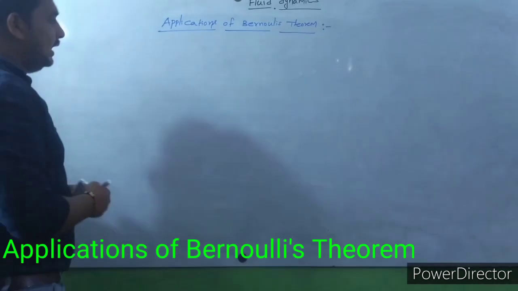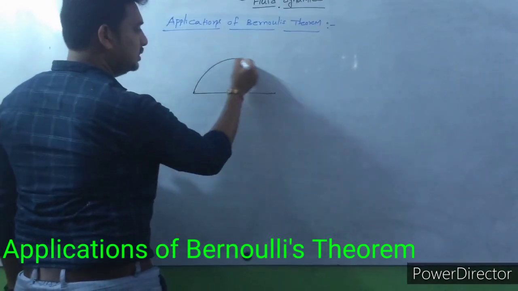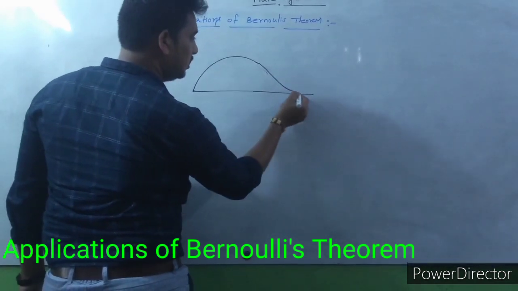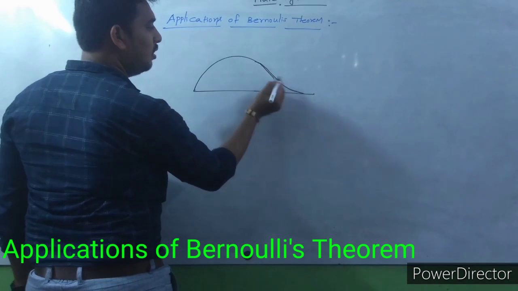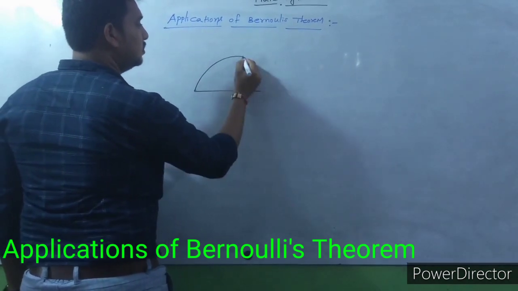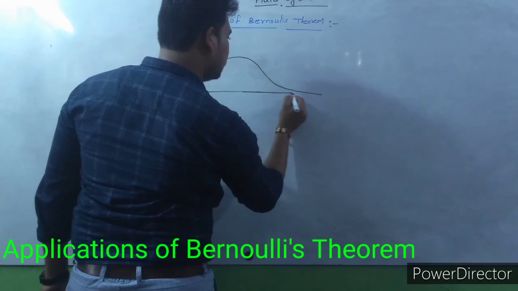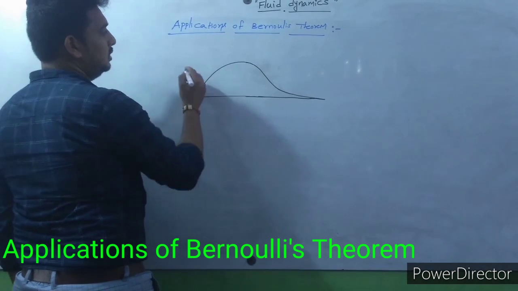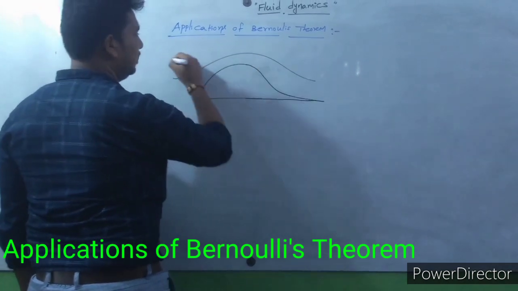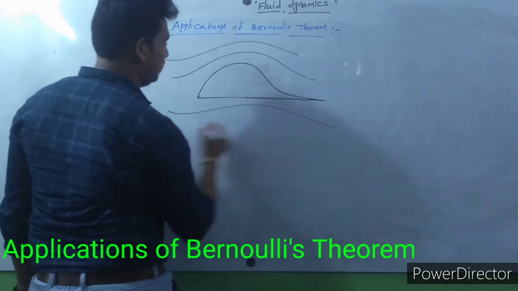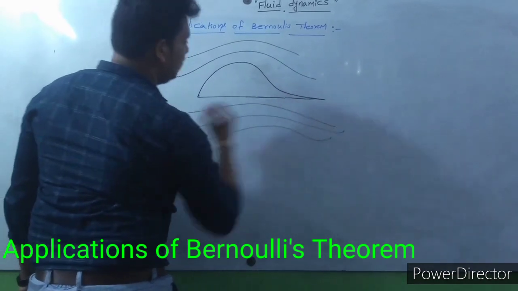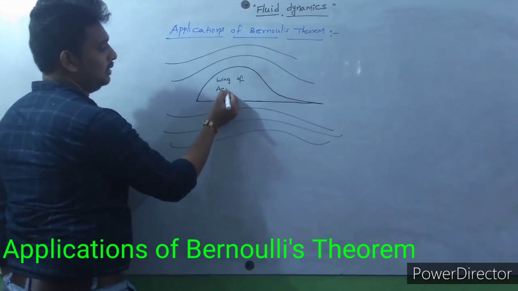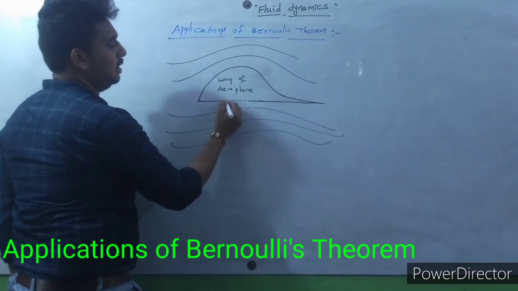So let us consider the wing of an aeroplane. So this is a wing of an aeroplane.